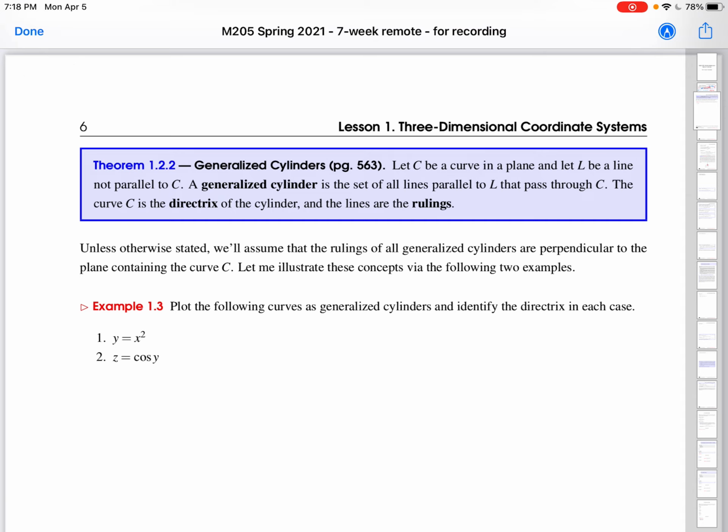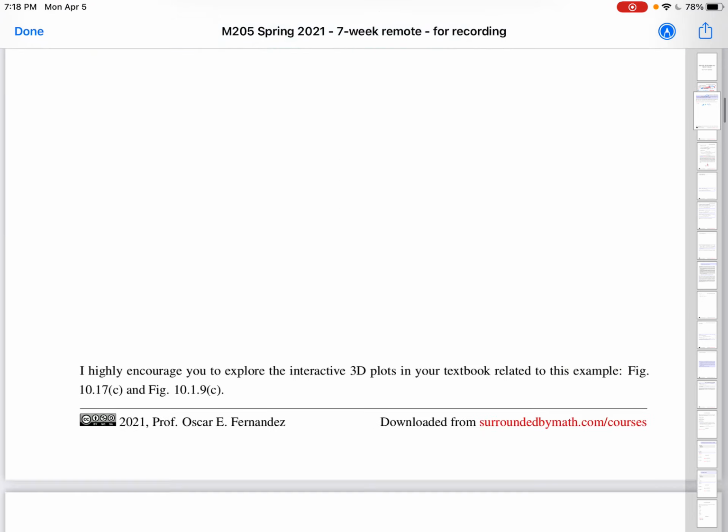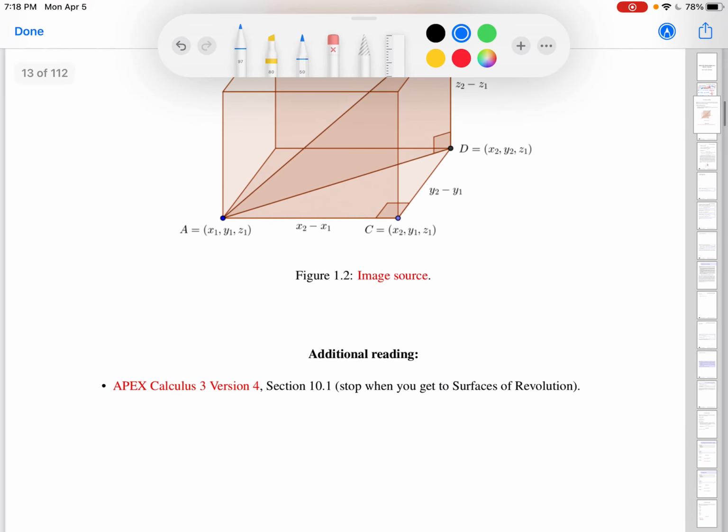So here's a definition for generalized cylinders. By the way, every once in a while I will refer to this page number, and this is the page number corresponding to information in the textbook for the course, which is Apex Calculus. I'm just going to scroll down really quick to show you where you can find the link. So here it is. If you click on this button, you will be taken to the book.